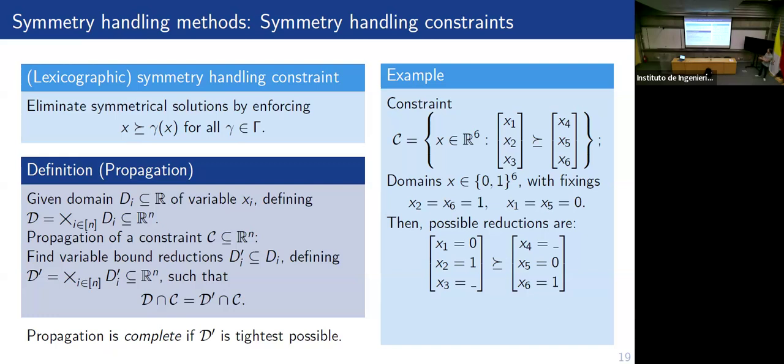Given these initial bounds, there's no way that this constraint holds if x4 is equal to 1, because then the constraint is violated, which means that we can safely set x4 to 0, which is a propagation step. We can continue checking this, but in the second row we see that x2 is equal to 1 and x5 is equal to 0, which means that no matter what the remaining variable entries are set to, we will always satisfy this constraint, and therefore we found the complete set of variable domain reductions with respect to this constraint.